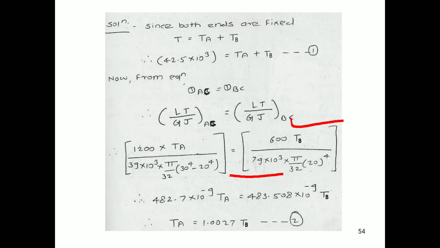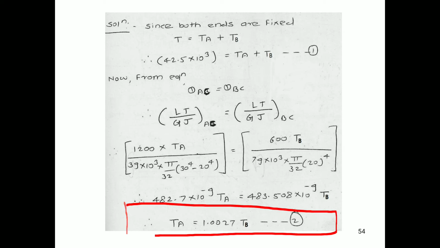On solving this particular equation, we have equation 2, that is TA is equal to 1.0027 TB. That means we have the torque at A in terms of the torque at B. This is equation 2.